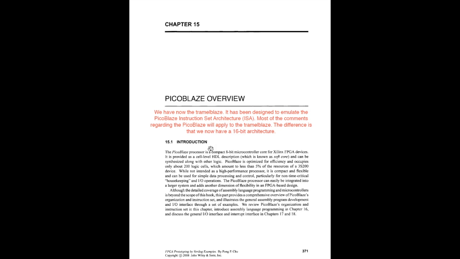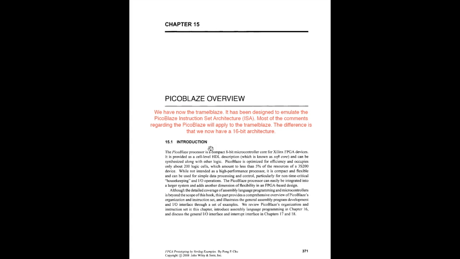So the first thing is he gives you an overview of the PicoBlaze. And what I want to point out is that now we've got the Trammel Blaze, which is an emulator of the PicoBlaze. I have implemented the processor using the PicoBlaze instruction set architecture.